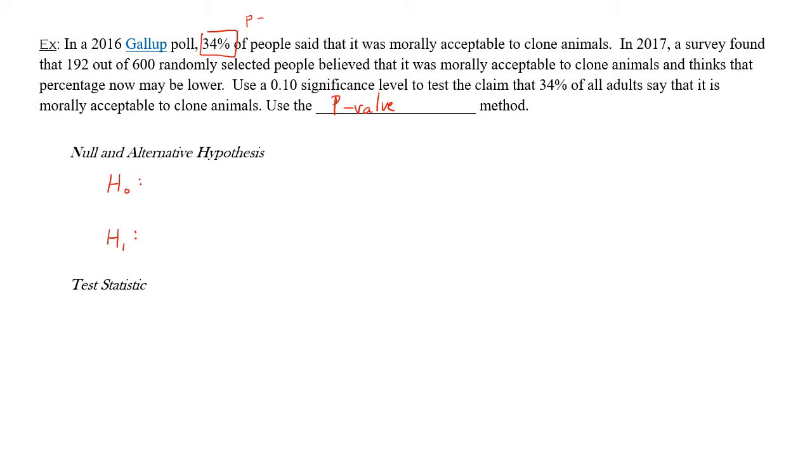So let's use that for our population proportion, p. We're going to claim for our null hypothesis that p is 0.34. Based on this survey where we found 192 out of 600 believed that it was morally acceptable to clone animals, we want to see if this value has gone down at all, because we want to know if that percentage now may be lower.